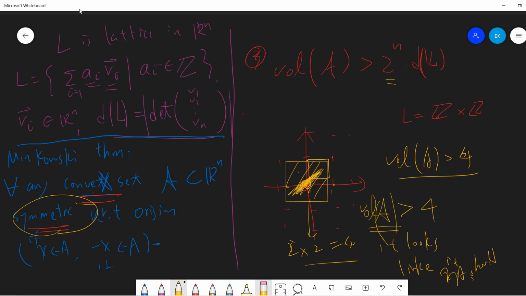You can try by yourself: suppose you draw some area with volume larger than 4, then somehow it must contain some points. Indeed, in this case L is just Z cross Z, so the determinant of this lattice is 1, 0, 0, 1, so it's 1, and n is 2. So this is the theorem.